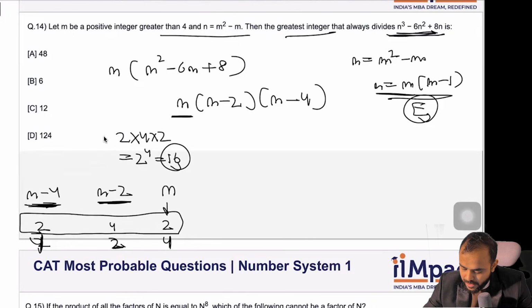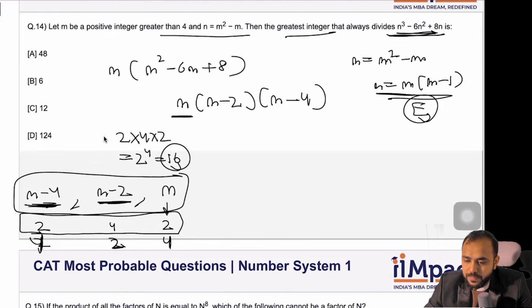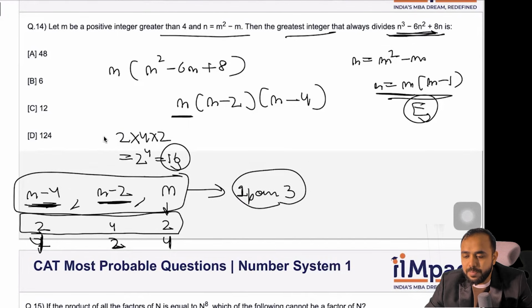Secondly, these are three consecutive even numbers, which means they will have at least one power of 3. One of them will be a multiple of 3.